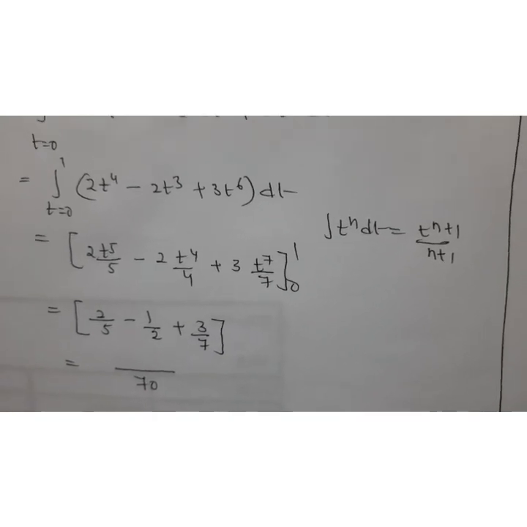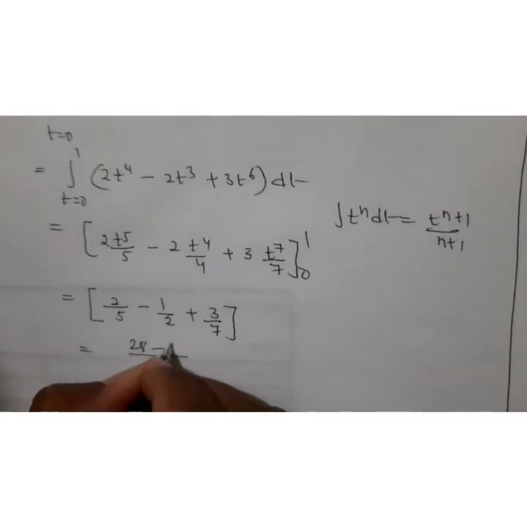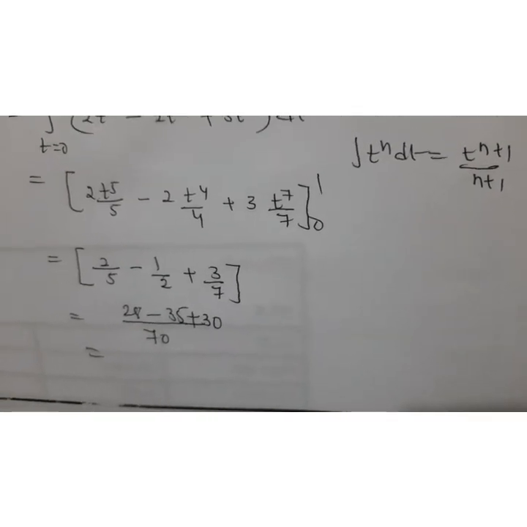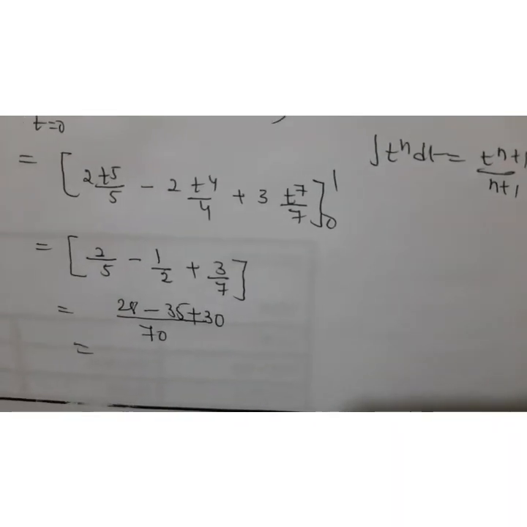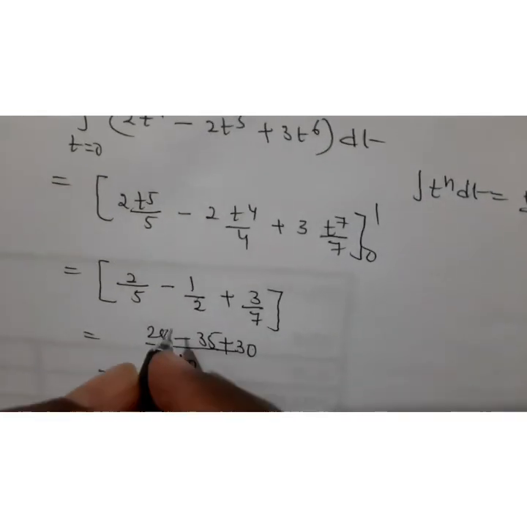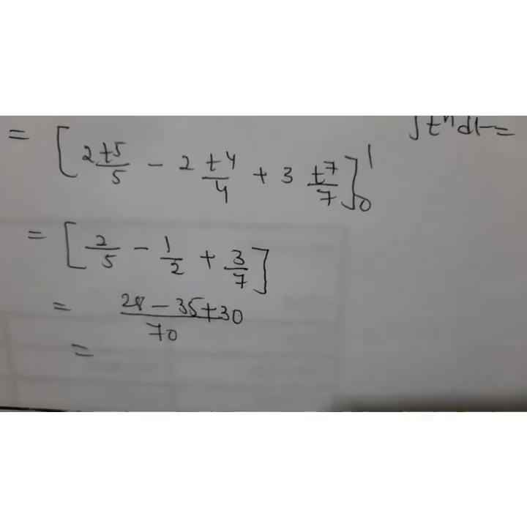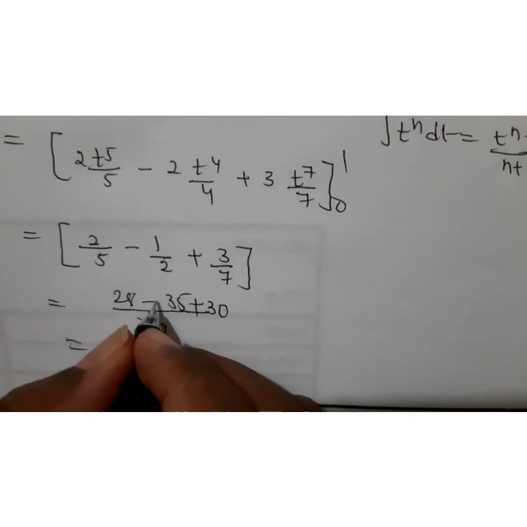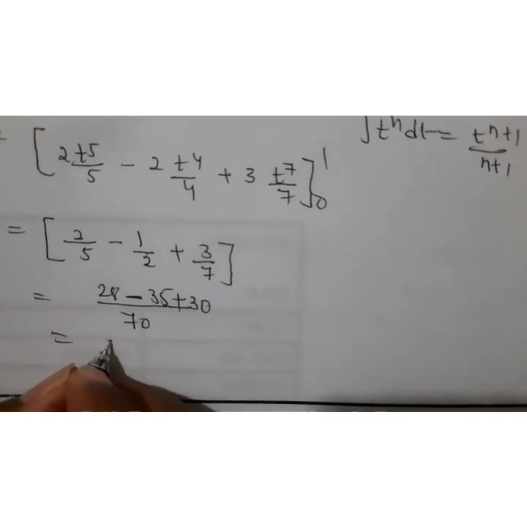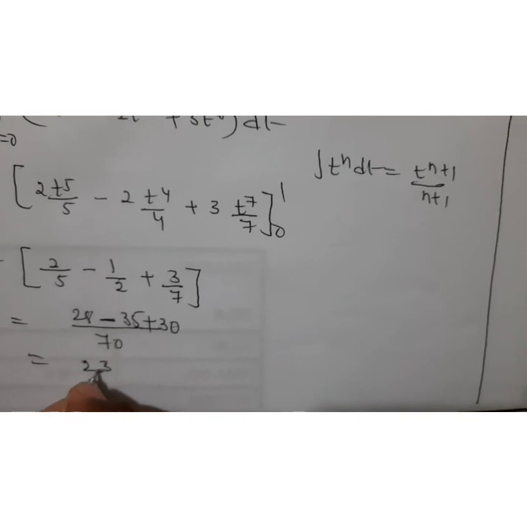Taking the LCM of 5, 2 and 7, which is 70, we get the numerator as 28 minus 35 plus 30.